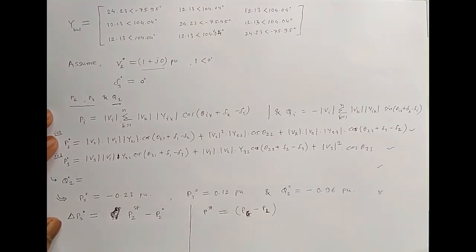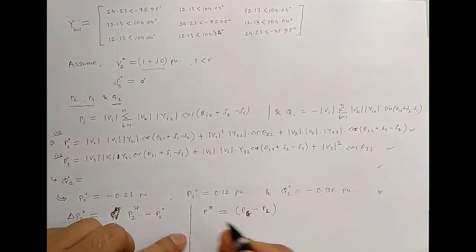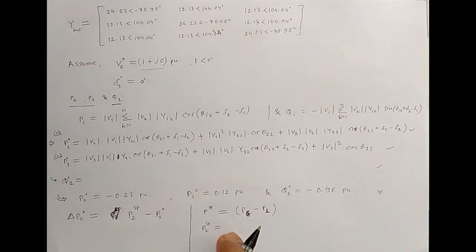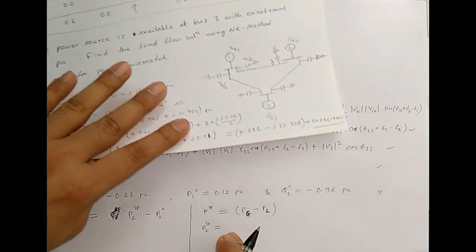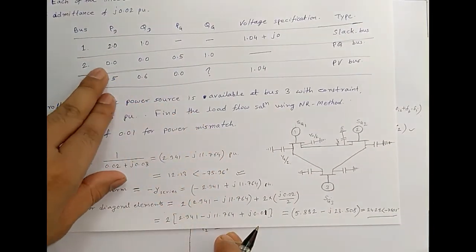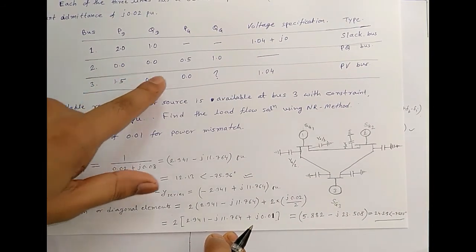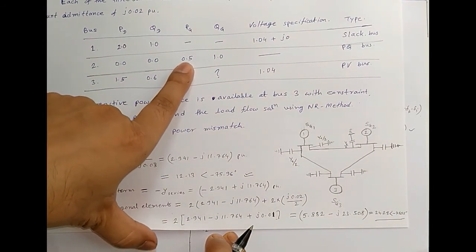So the specified power for bus number 2, that means P2 specified, will be the generated power at bus 2 minus the load demand at bus 2. At bus 2, load demand is 0, whereas Pg is 0.5.